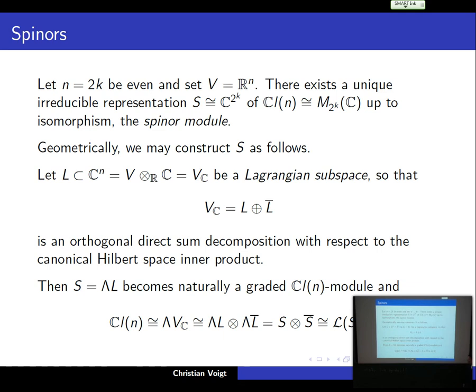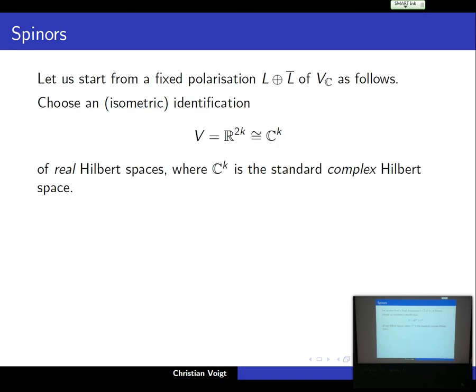Okay, so this is a very complicated way of looking at n by n matrices and C to the n, but I will even throw more things at you to look at that. So let's fix a polarization, a very specific one. Let's start by identifying our real vector space V, which is just R to the 2k, with C to the k.